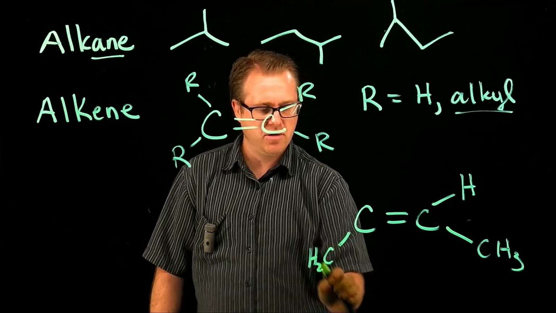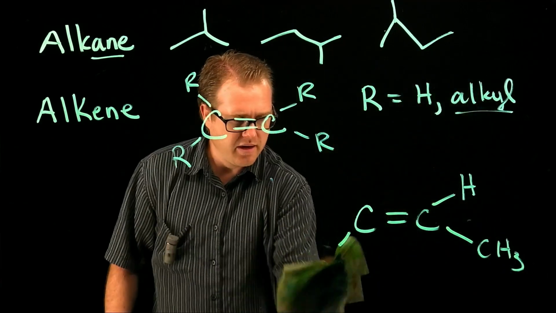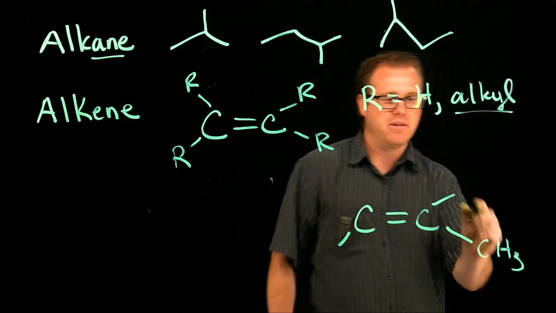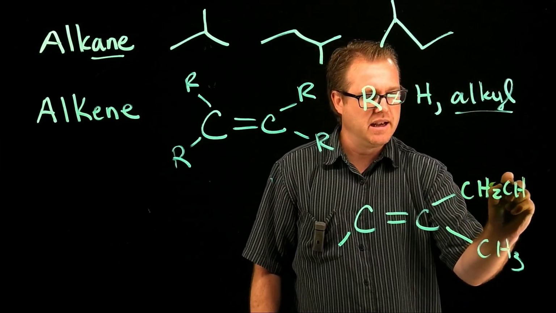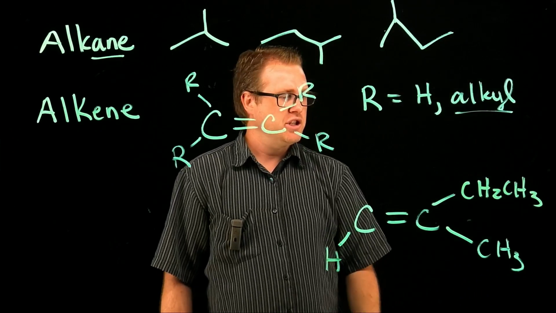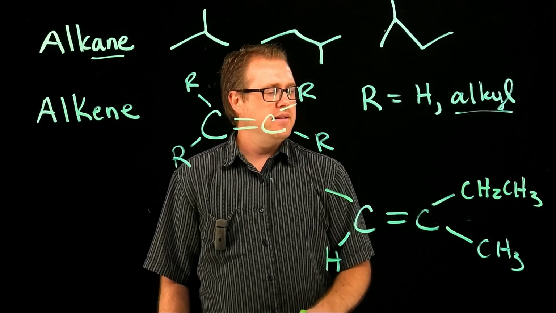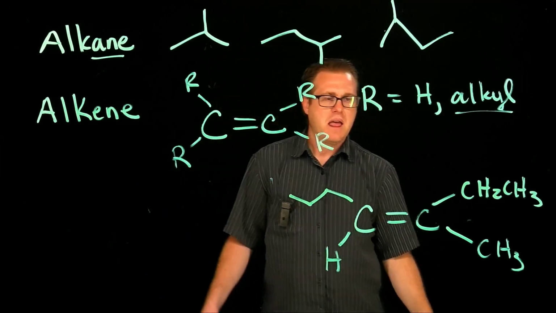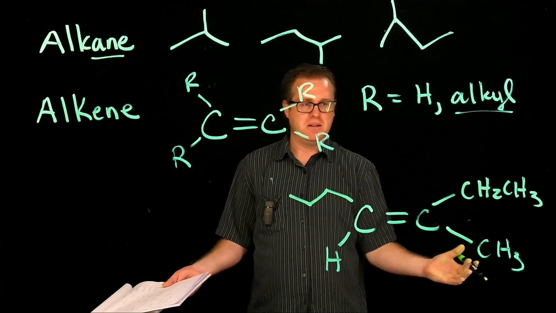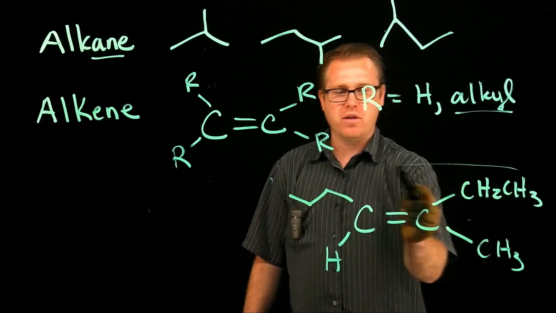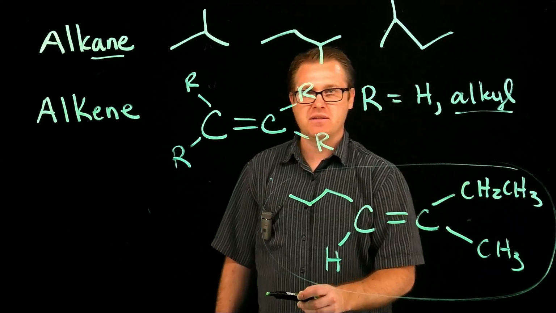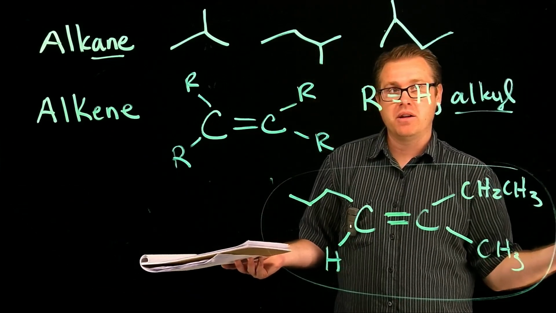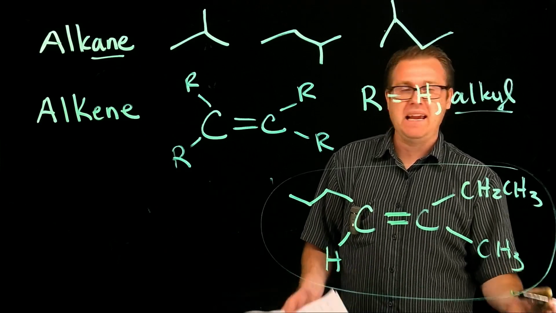Let's do it on this side. Let's replace that with an ethyl, CH2, CH3, and a hydrogen. And let's just draw in 3 carbons, okay? That is an alkene. If you have a molecule with only carbon and hydrogens, but you have one double bond anywhere in that molecule, you have an alkene.